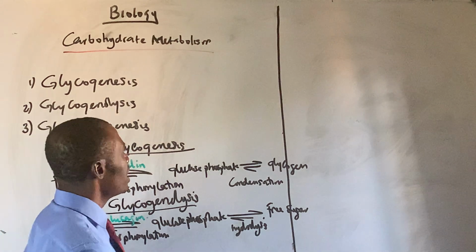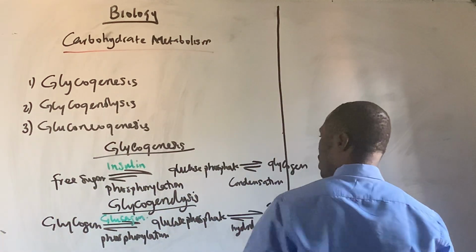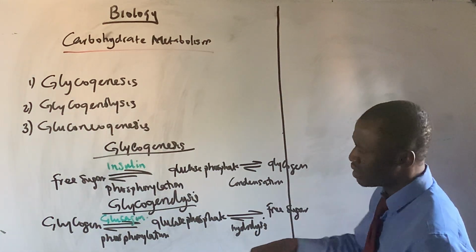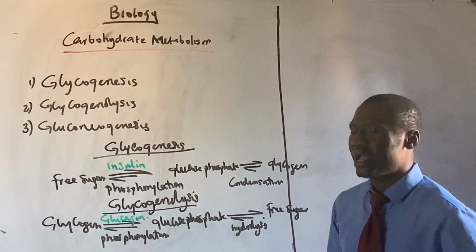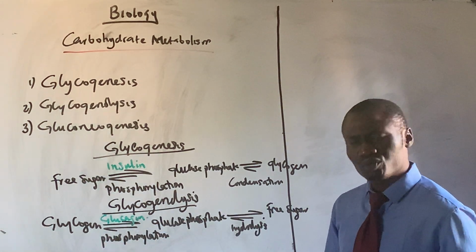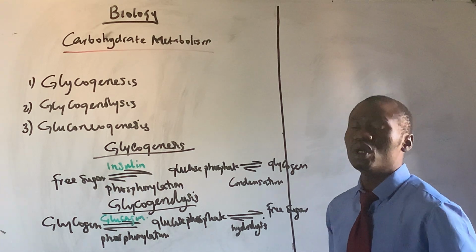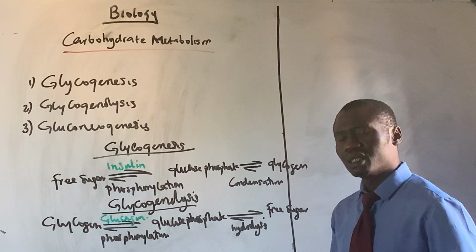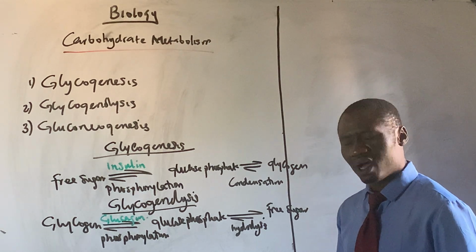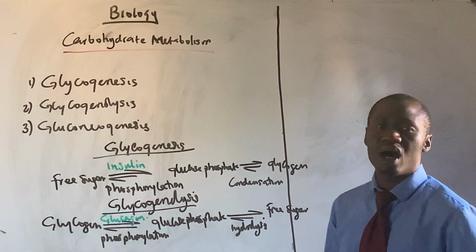Glucagon. Now, in this process, glycogen is acted upon by the glucagon during the process of phosphorylation to convert it to glucose phosphate, which is further hydrolyzed to free sugar, which is glucose.